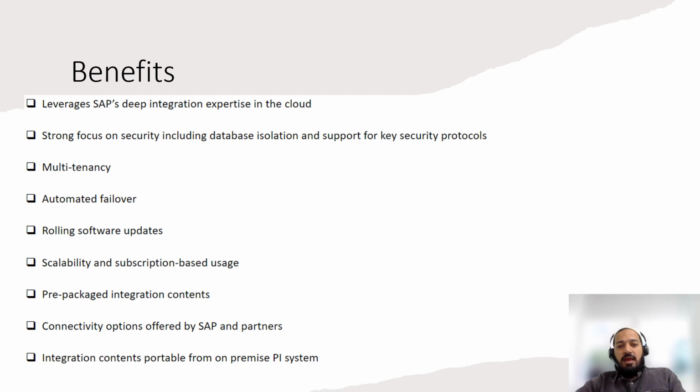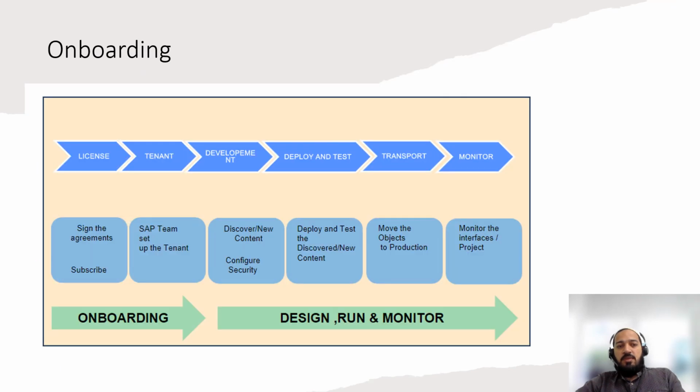It is scalable and has a subscription-based model for the SaaS applications. It has pre-packaged integration content for faster development. It has connectivity with SAP and partners, so third-party cloud tools, as we have seen in the architecture, can also be supported, and integration contents are now portable to the PI systems.